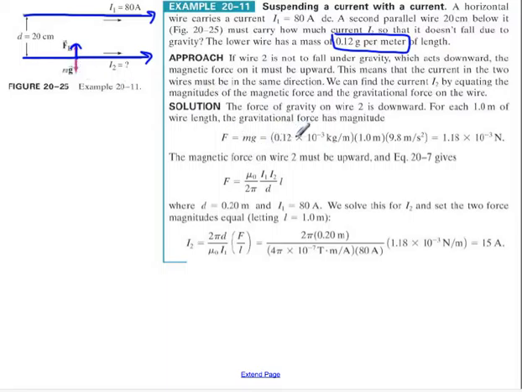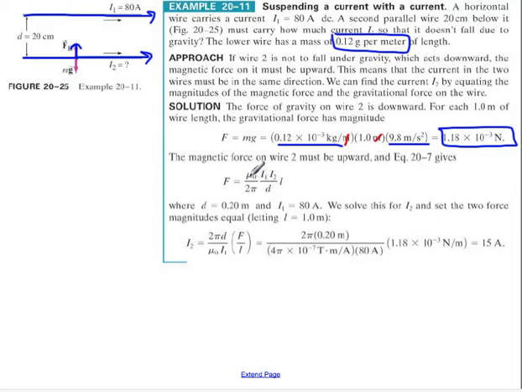So what is gravity? It's that 0.12 mass. And notice we can get the meters to cancel here by just doing it for 1 meter at a time. So that's what we'll do. Times 9.8, so that's how much force gravity is pulling down on the wire with. So we just need to balance that. Here's our expression that we've been using, right? For the force between the two wires due to their magnetic interaction.